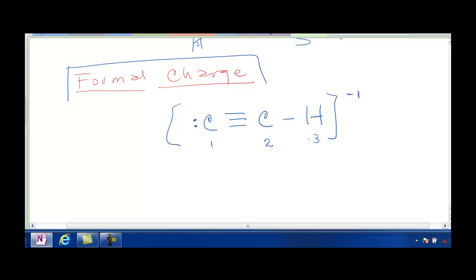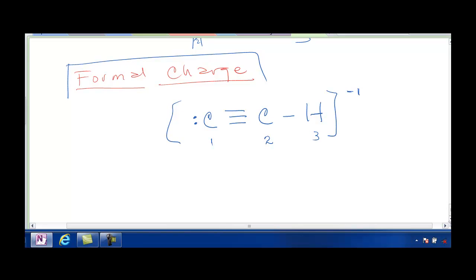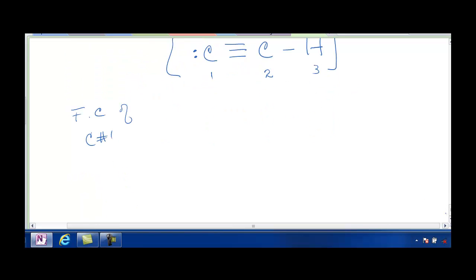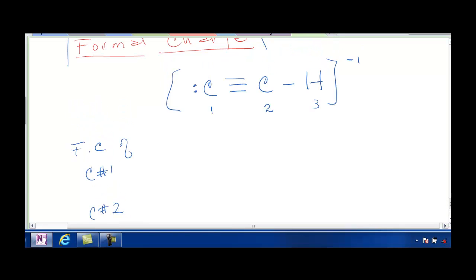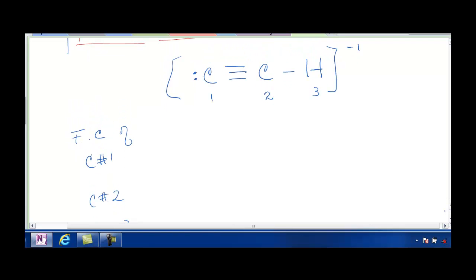The rules for assigning formal charge, they're just that, rules. You are going to find out the formal charge of carbon number 1, carbon number 2, and hydrogen, which is element number 3. This is all you do.